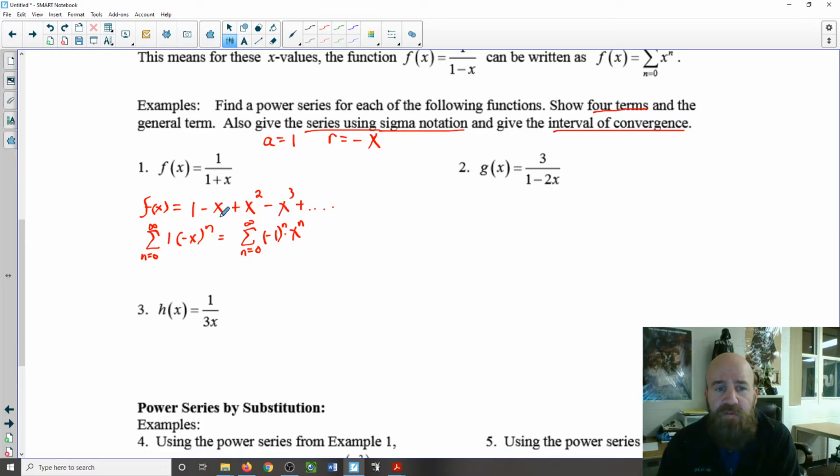But if we just stopped at 4 terms, and we graphed this polynomial with 4 terms against this polynomial, and I'm going to make another video showing you this, but it's at the center, so this function, we need to think about where it would be centered, but we'll get more into that later. At the center, they're going to be identical, okay?